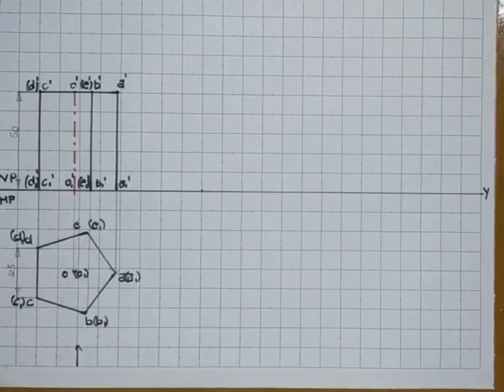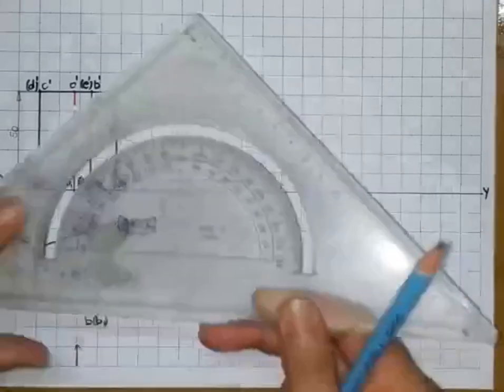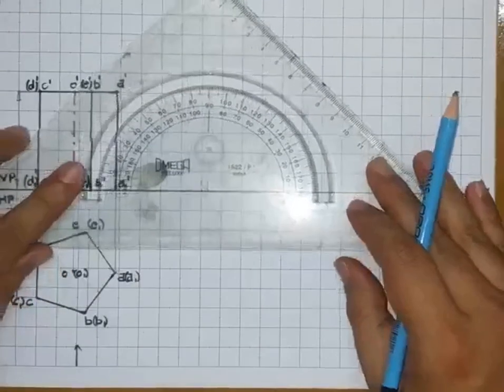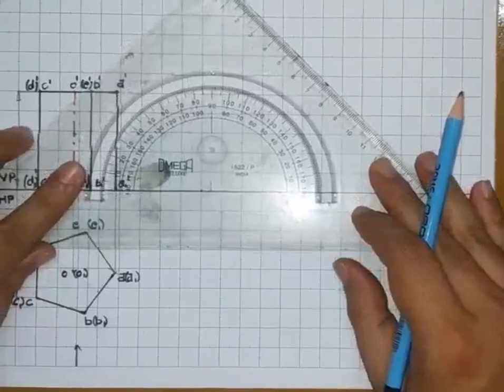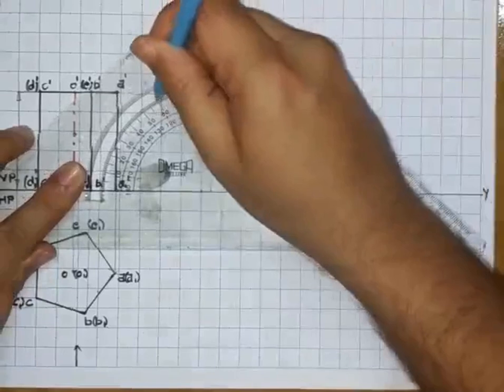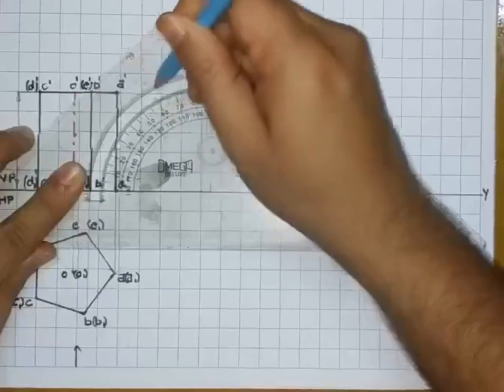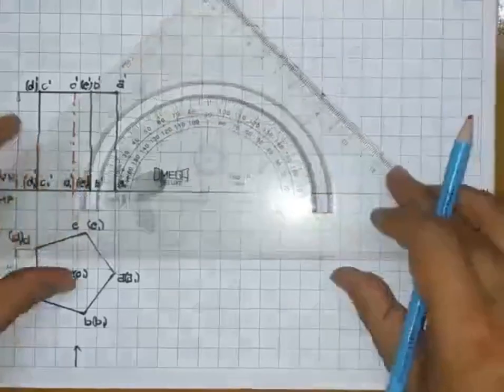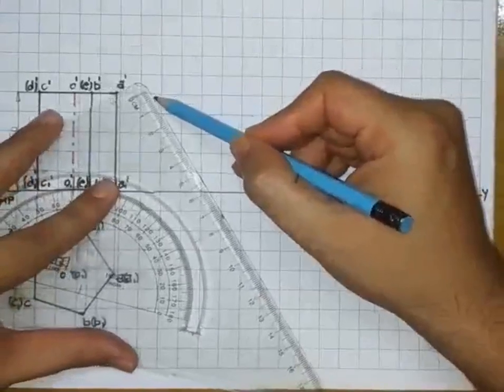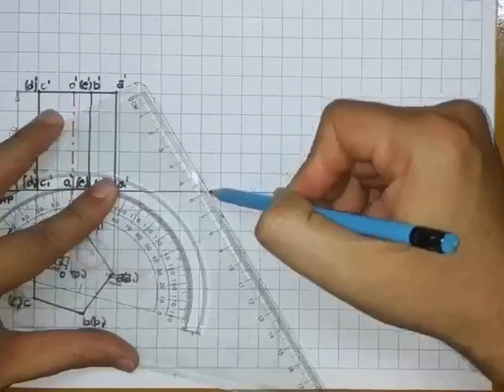So I'll directly draw the base inclination of 60 degrees.